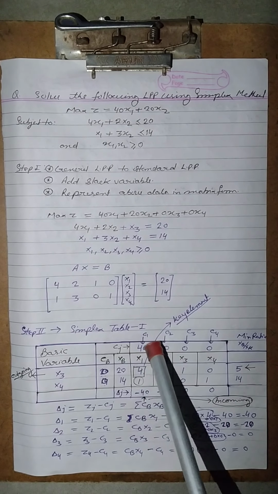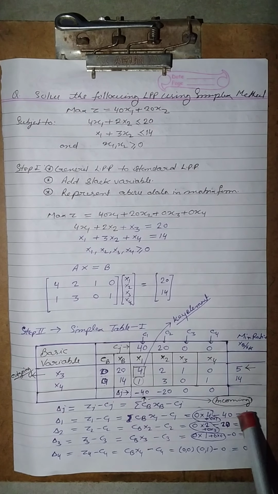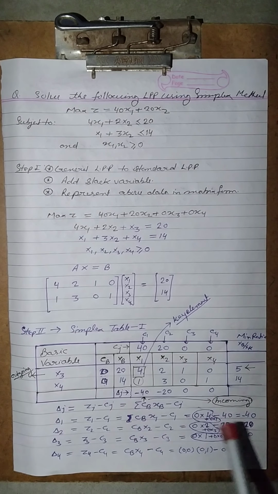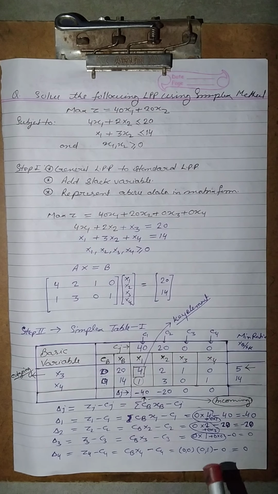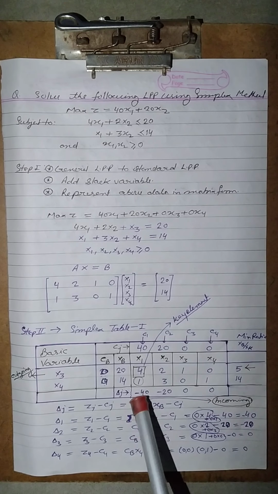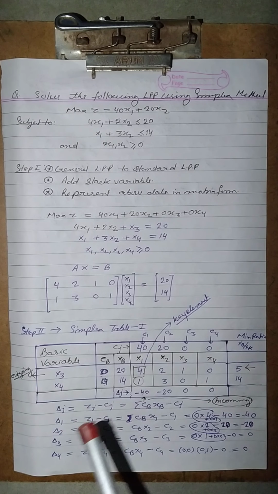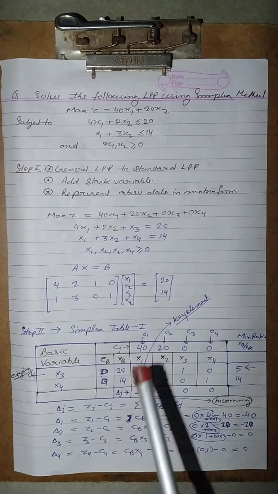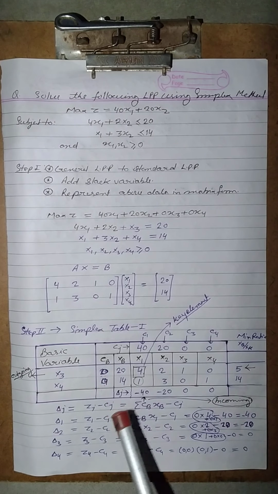C1 is 40, so the result is minus 40. Similarly, delta 2 is minus 20, delta 3 is 0, and delta 4 is 0. We know the process for the incoming vector: the column corresponding to the most negative delta j is the incoming vector.